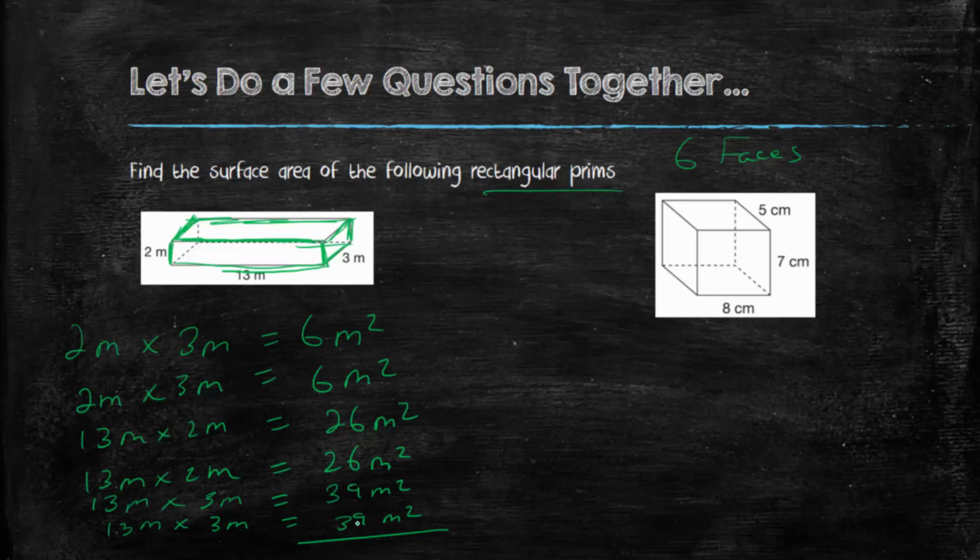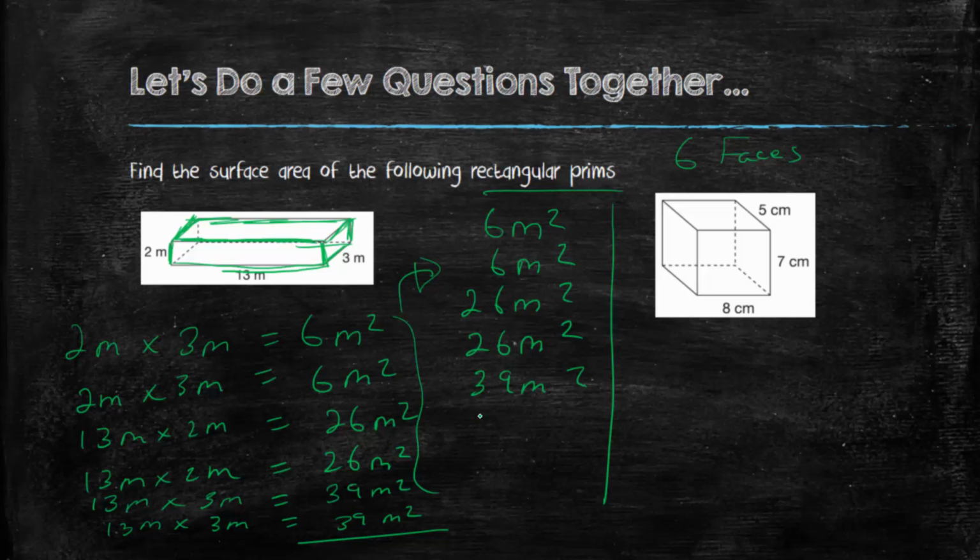Okay, so if we were to add all of this, I did a bad job with lining everything up correctly, so I'm going to rewrite all of this right here. So we've got 6 meters squared, 6 meters squared, 26 meters squared, 26 meters squared, 39 meters squared, 39 meters squared.